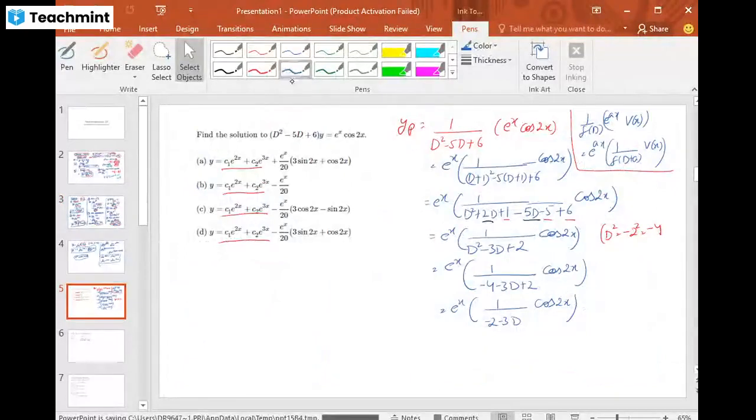Otherwise, what can we do? I'll try to convert it into the quadratic one. If I take the negative sign common, this is 2 plus 3D. To make it quadratic, I'll just consider it as a plus b, and if we operate it with a minus b in the numerator and denominator, then this is of the form (a plus b)(a minus b), which is a square minus b square.